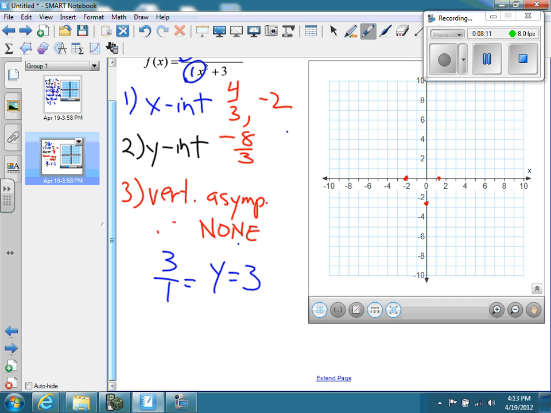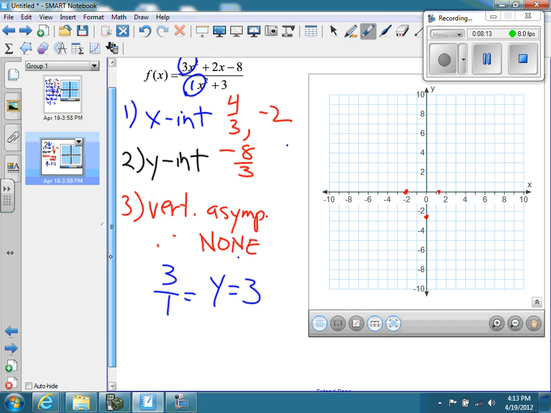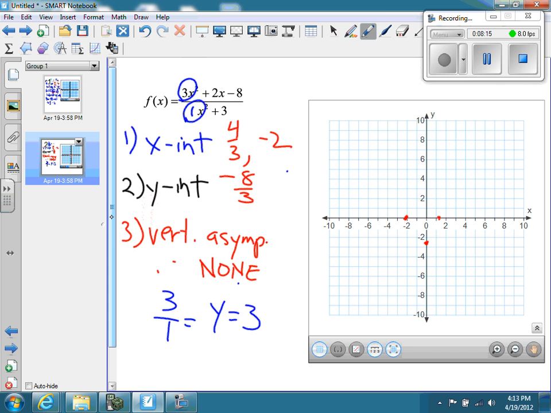If you want to know what to do when you have an improper rational function where the power on the top is higher than the power on the bottom, go to the problem that I did, number 5, because that was that circumstance. But in this case, I'm going to have a horizontal asymptote at y equals 3, so let's draw that in.